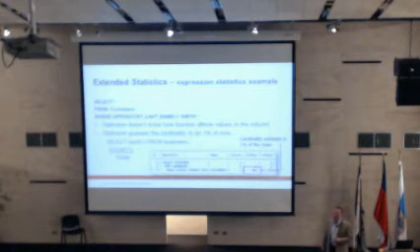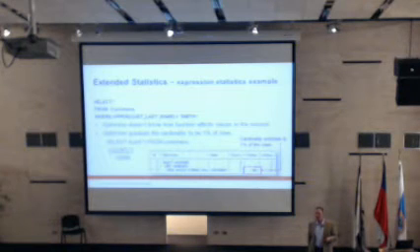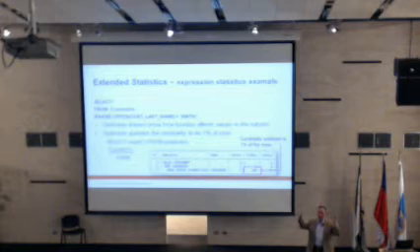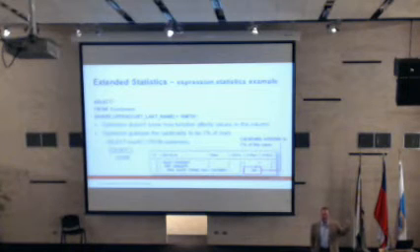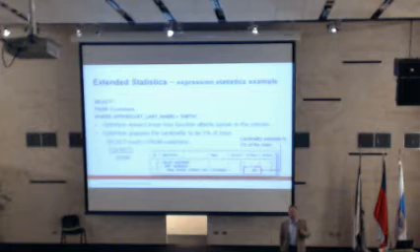Expressions. Select star from the table where the quantity of A plus B divided by 2 is greater than 50, where the average of A and B is greater than 50. What's an optimizer to do with that one? You have tons of information on A, you have tons of information on B. What's your estimated cardinality for the average of A and B?